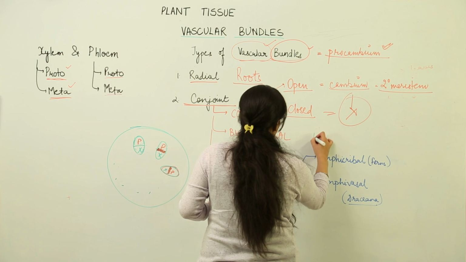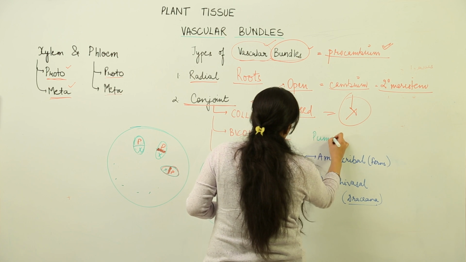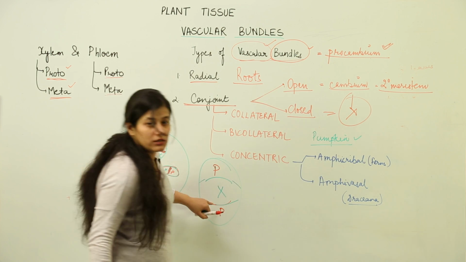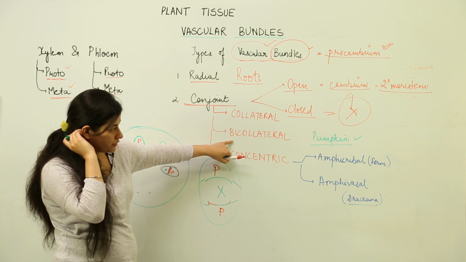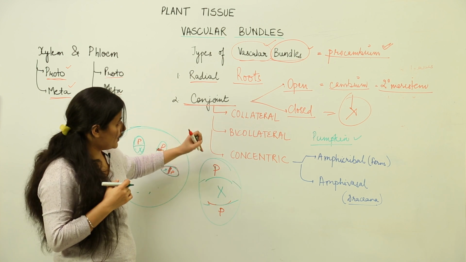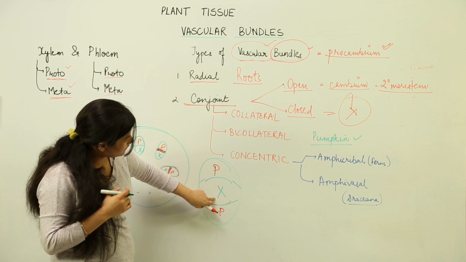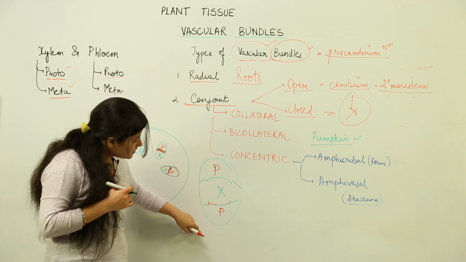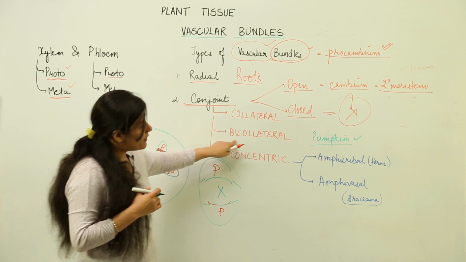You know pumpkin? Pumpkin would have such a bicollateral vascular bundle, which would be of course closed because pumpkin does not show any secondary growth. So you have xylem which is surrounded by phloem on both the sides towards the periphery as well as towards the pith. So such an arrangement is bicollateral.